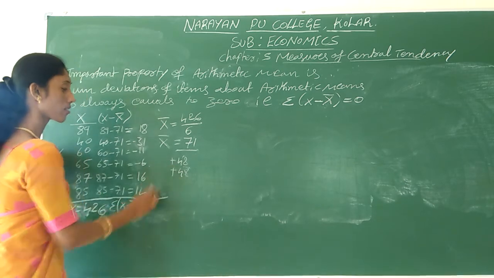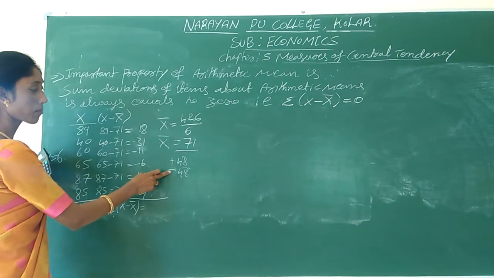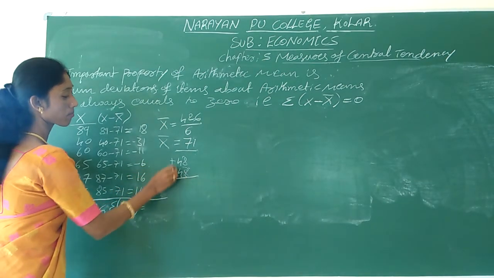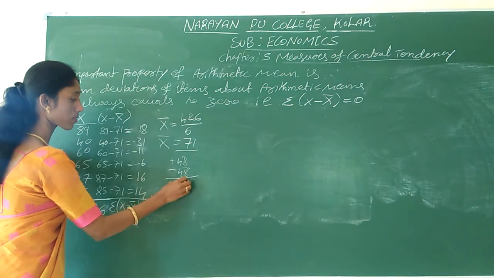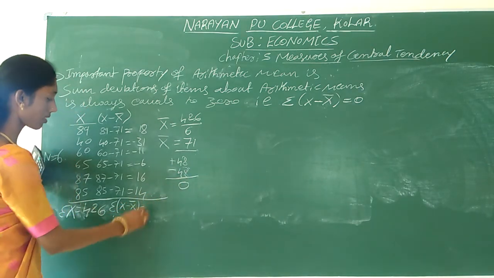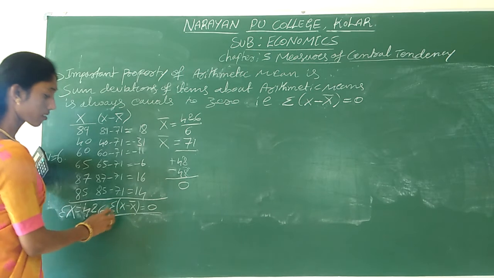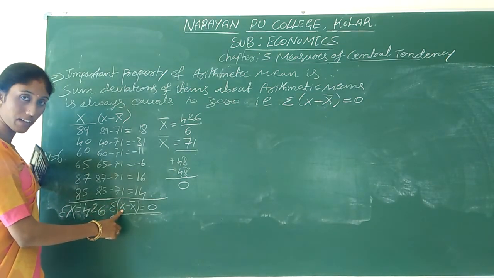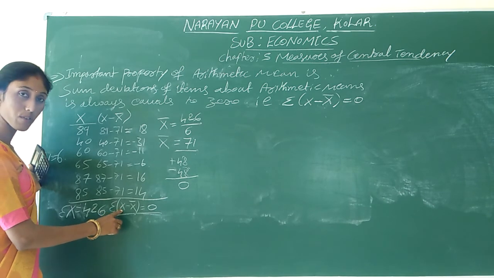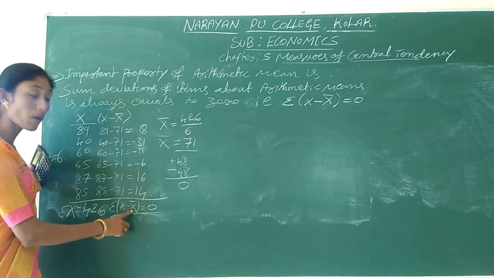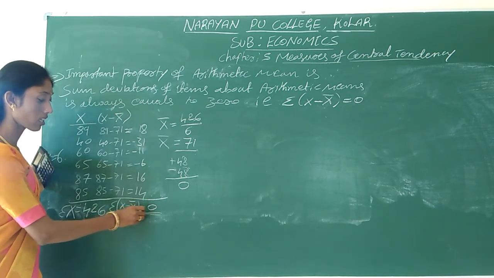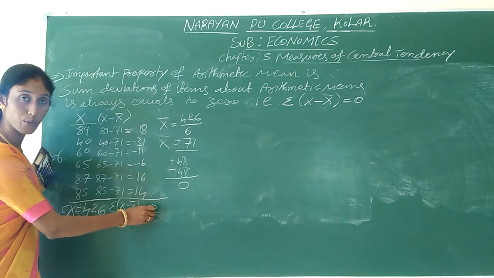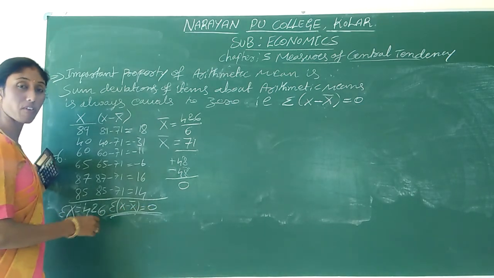So plus 48 and minus 48. Plus and minus, we will get 0. Yes. Now it is proved. Summing of all the observation items about arithmetic mean is always equal to 0. Okay. This is important for 1 mark.